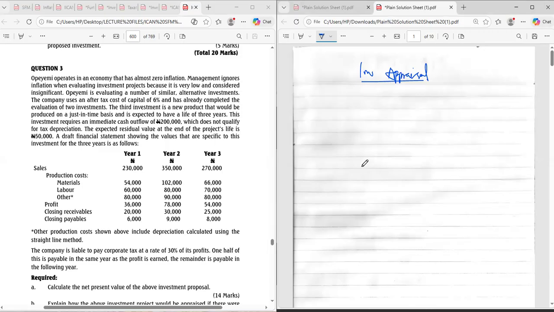Now, before we solve any question, there were some things in my part 1 I said I'm going to address. So those are, number 1, taxation.